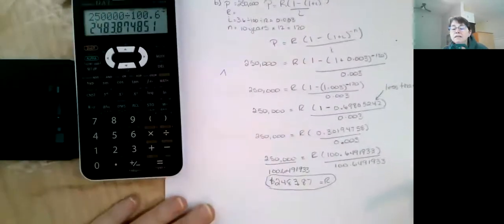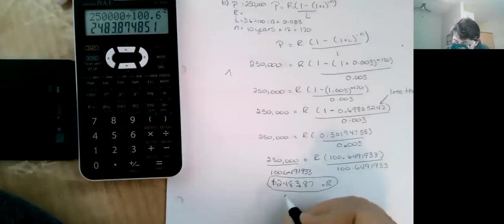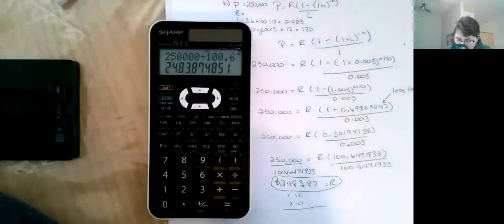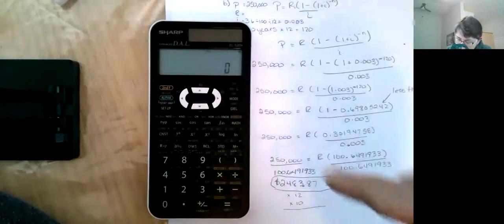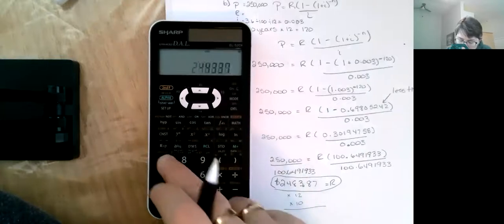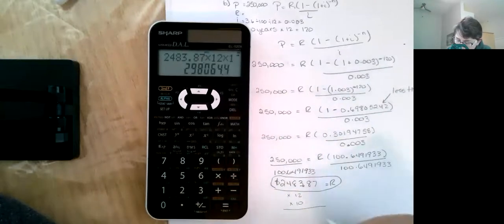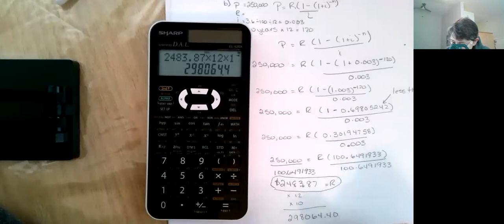I do not have an answer key, so I'm going to see if that's reasonable. So that's how much he pays per month times 12 months times 10 years. 2483.87 times 12 times 10 is 298,064.40.